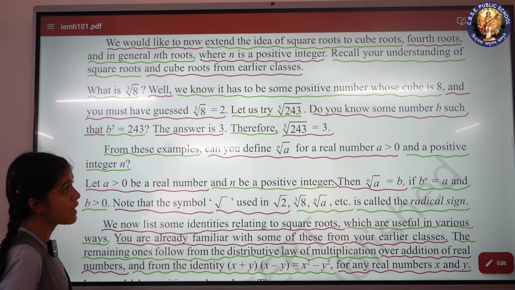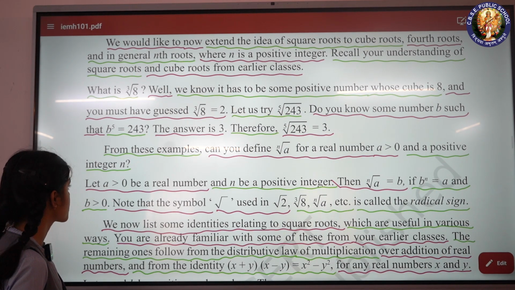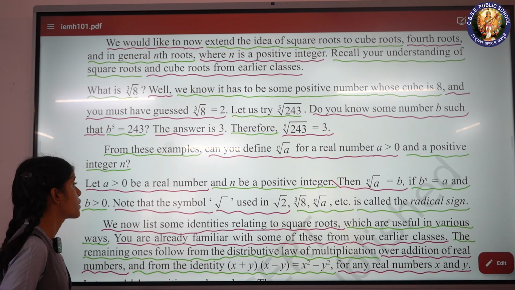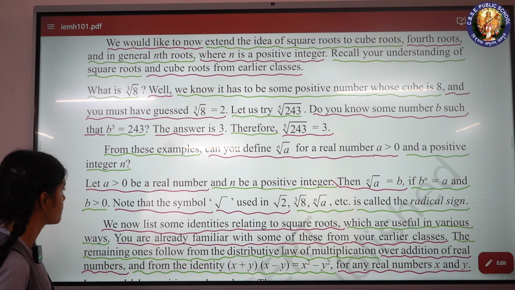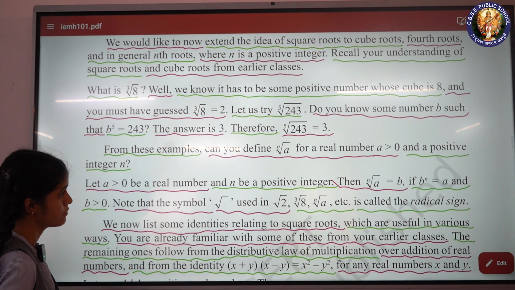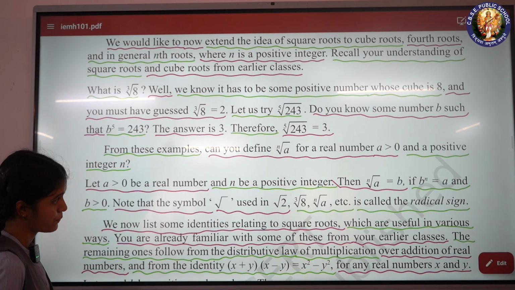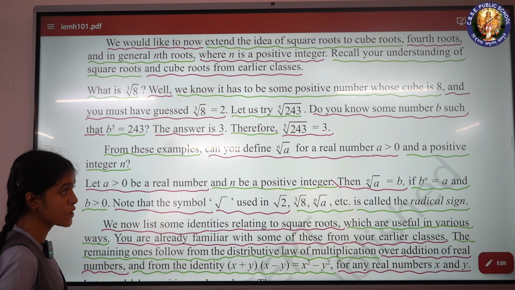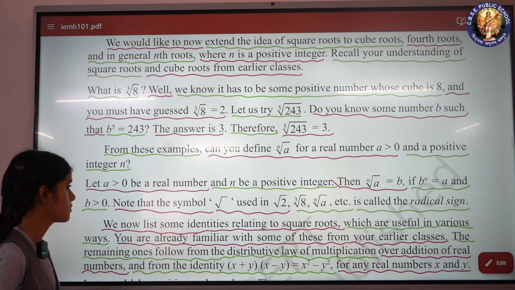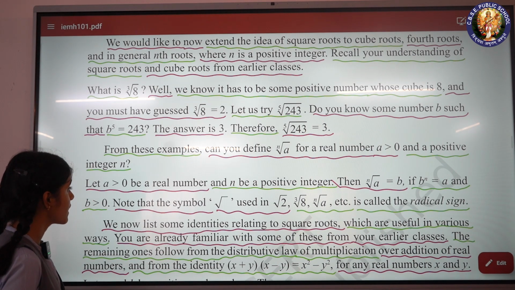Let a greater than 0 be a real number and n be a positive integer. Then nth root a is equal to b if b to the power n is equal to a and b greater than 0.